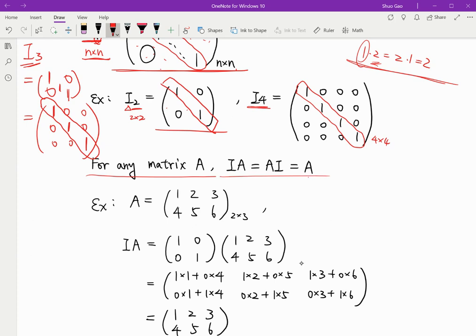No matter whether it's I times A or A times I, no matter how you multiply the identity matrix with the matrix A, you get the matrix A itself in both cases. So just like the number 1 times any number, the resulting number is still the number itself.